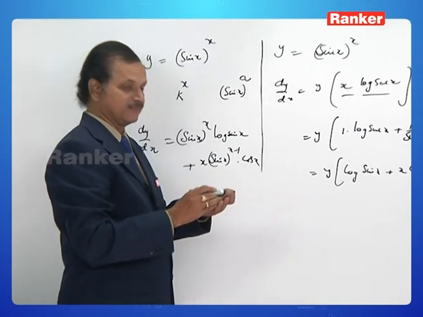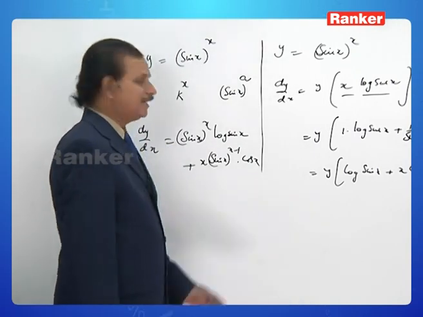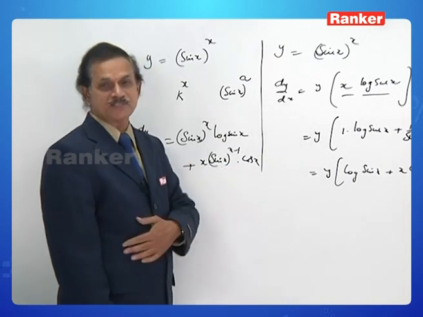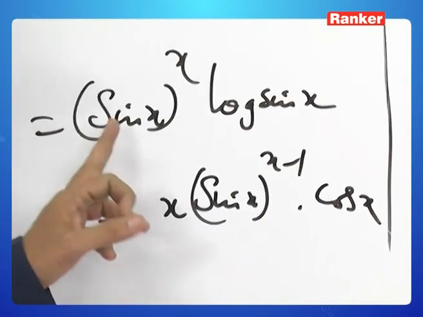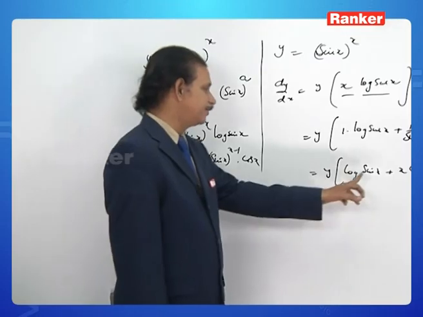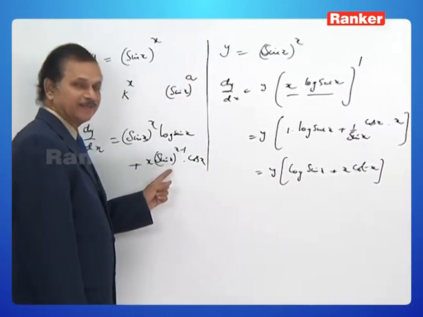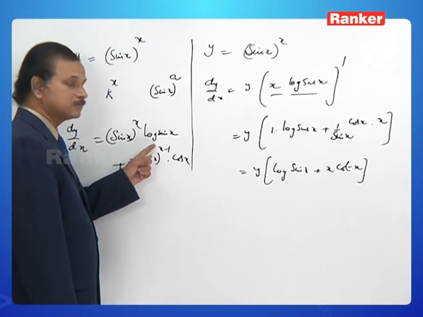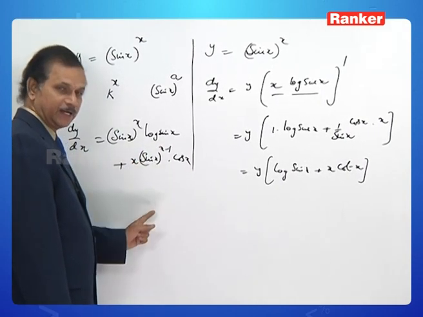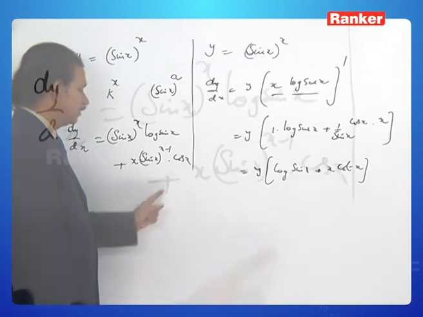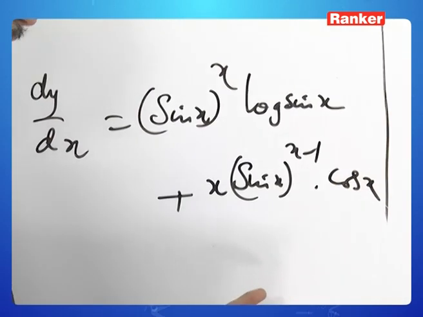Another way of getting the answer. Do you believe that these two answers are one and the same? Why not? It is y into log sin x, y into log sin x. You see, (sin x) whole power x minus 1. What do you mean by that? (Sin x) whole power x by (sin x) whole power 1. Cos x by sin x is cot x.